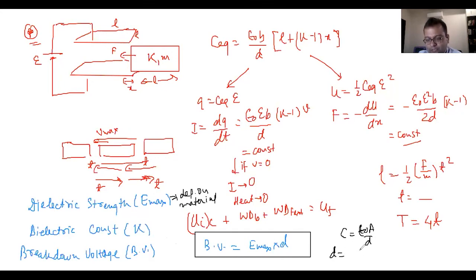D can be written as epsilon naught A by C. So breakdown voltage depends upon two things. Depends on material, and it also depends on the geometry of the capacitor. Whereas dielectric strength only depends upon the material.